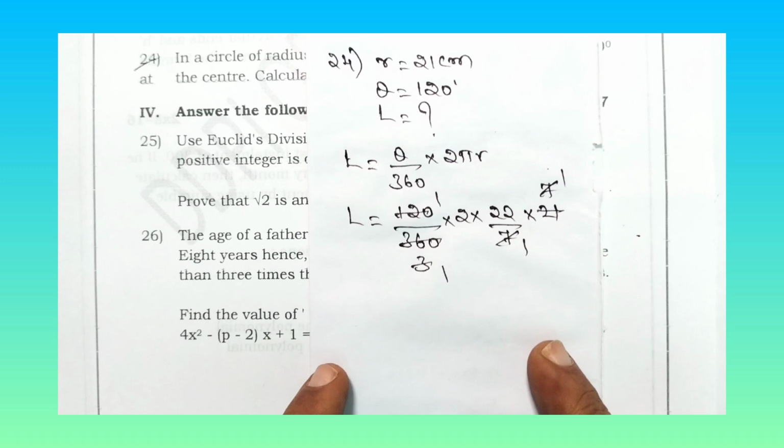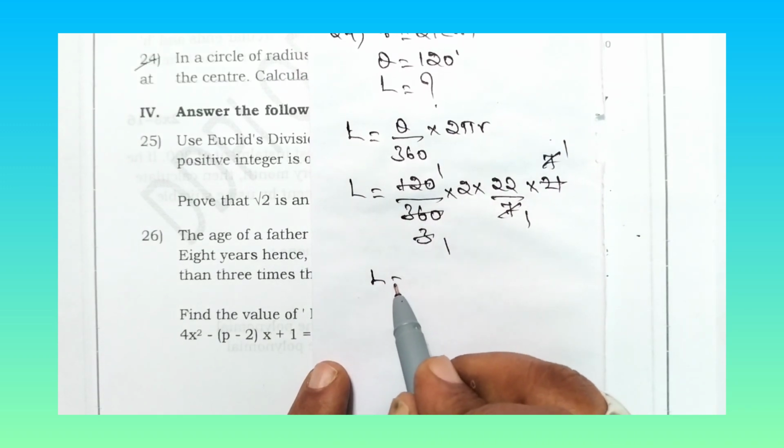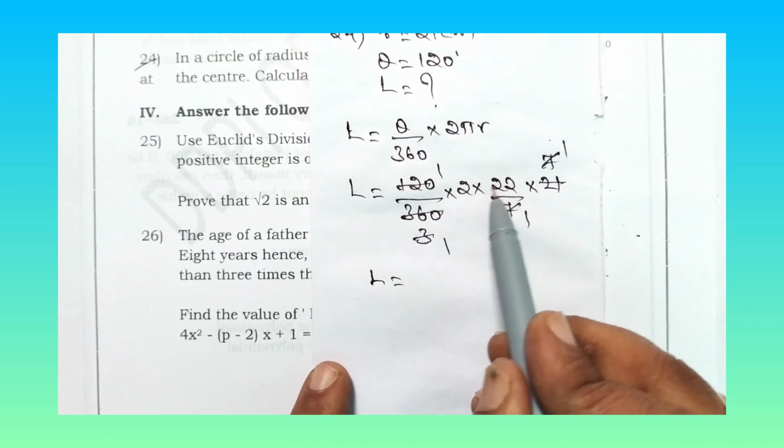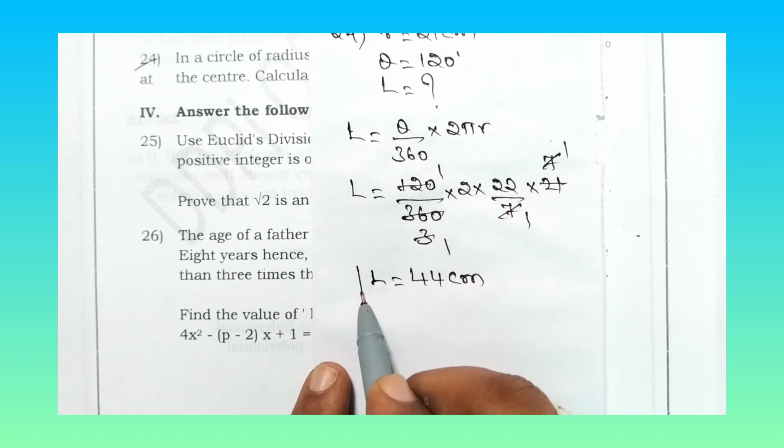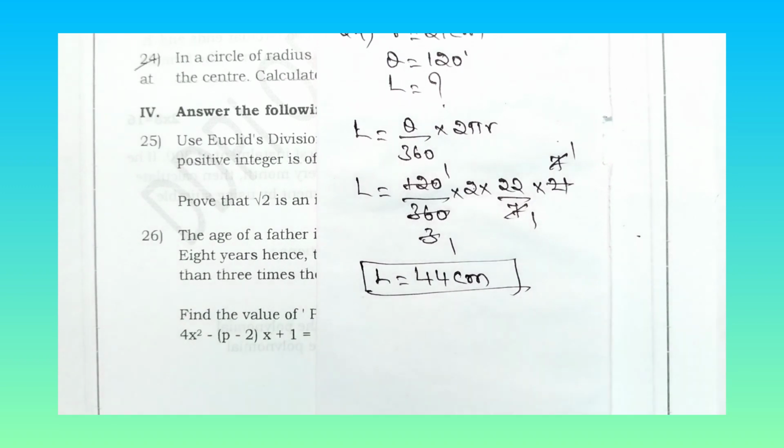In the denominator nothing is there, but in the numerator 22 into 2 is there. 22 twos are 44. Therefore, the length of the arc is 44 centimeter. So like this we have to find out the length of the arc.